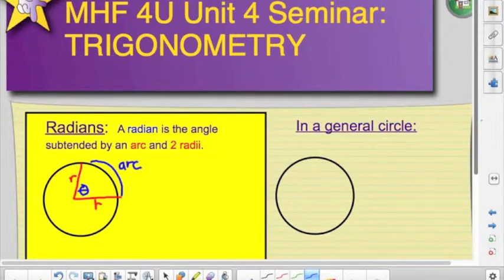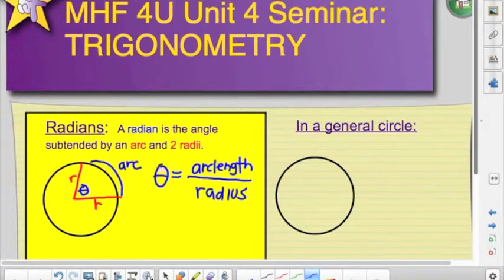So you have an arc and 2 radii. Theta can be calculated as the arc length divided by your radius. That's how theta can be calculated.